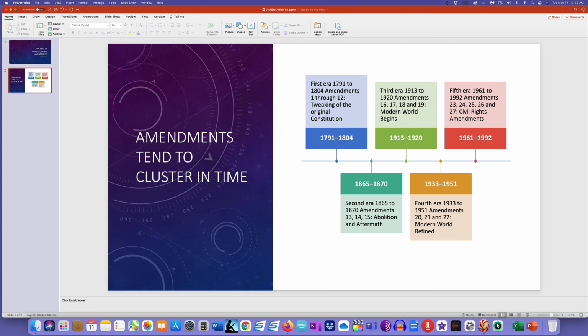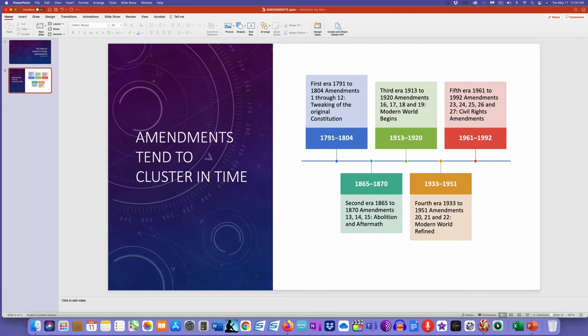As you recall, Congress passed 12, not 10 Bill of Rights amendments, but the first two did not get ratified. So what happened is, in 1992, this dead amendment was resurrected. Congress passed it again, sent it to the states for ratification, and the states ratified.